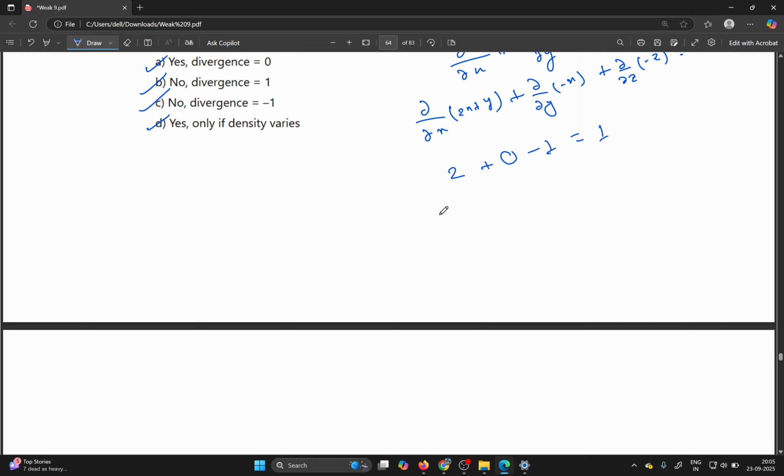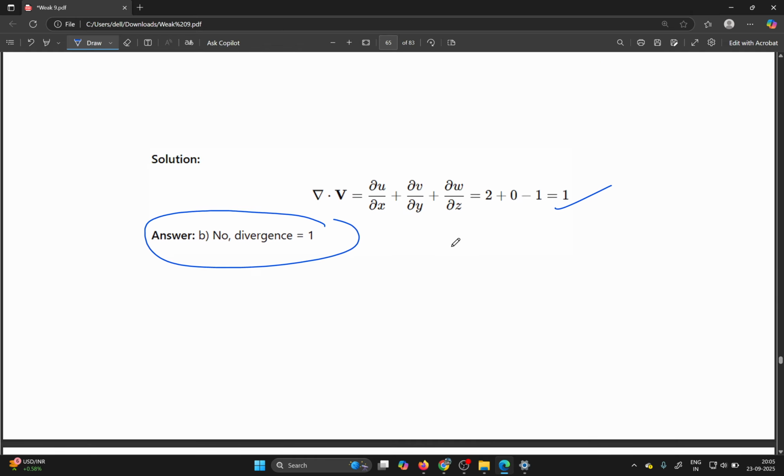And the value of divergence is, so divergence means what? This is your divergence. So del is nothing but del by del x i plus del by del y j plus del by del z k, and v is u i, v j, w k.